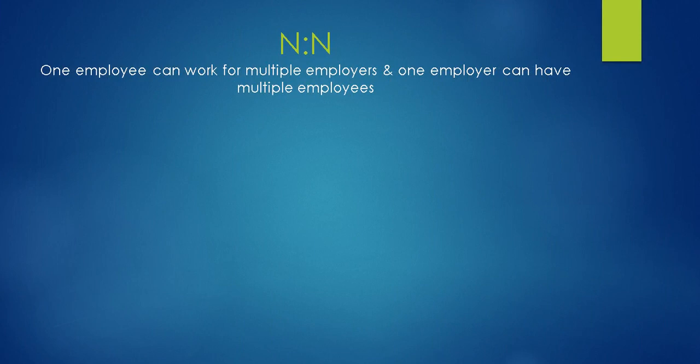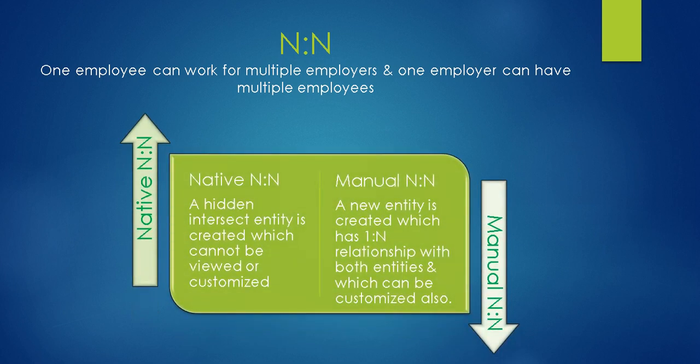And we have n:n relationship also in Dynamics 365. It means one employee can work for multiple employers and one employer can have multiple employees. Basically CRM provides two types of n:n relationship, that is native n:n and manual n:n.